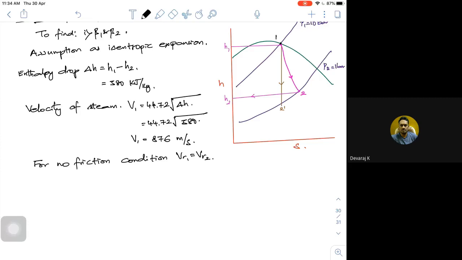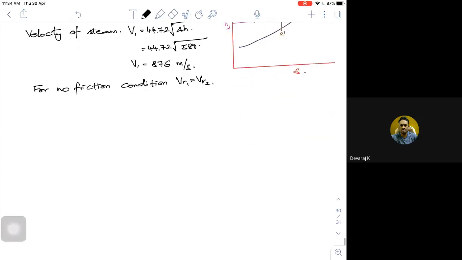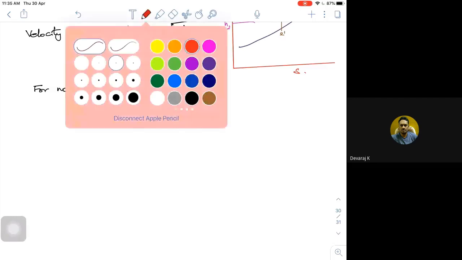So let me draw the velocity triangle. I know my U, which is 450. This is my U, and V I got as 876.